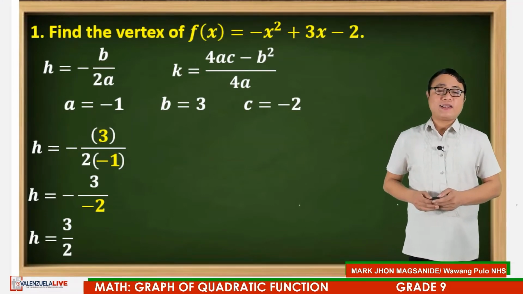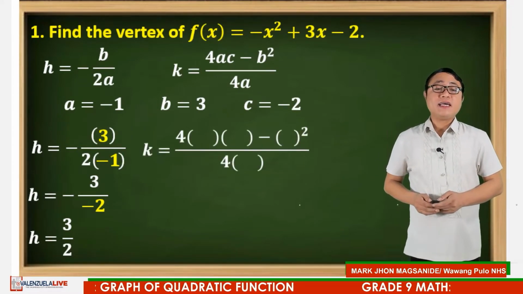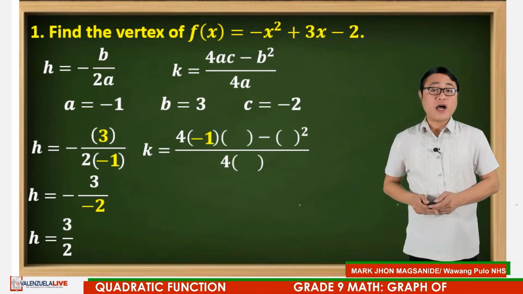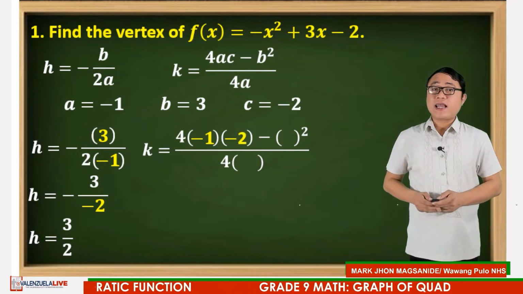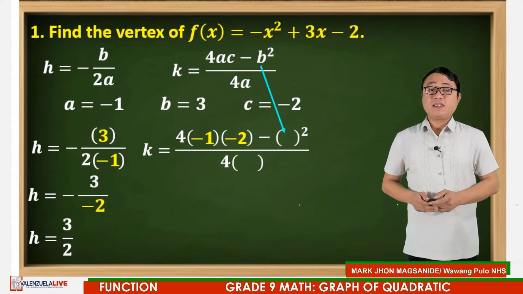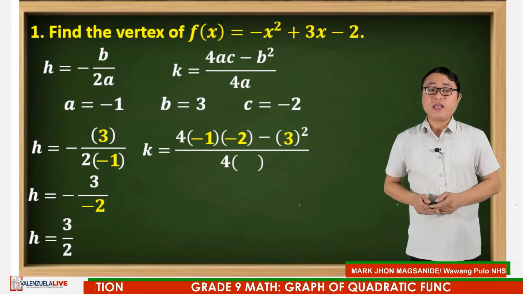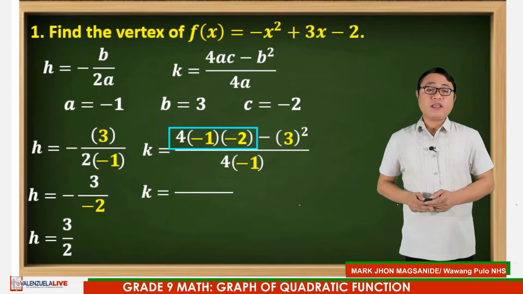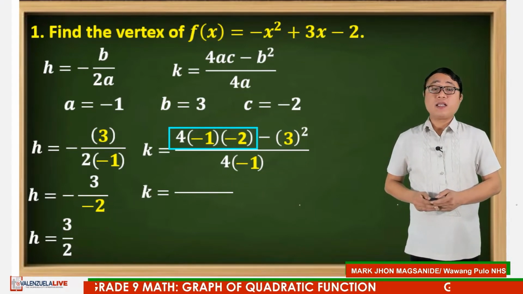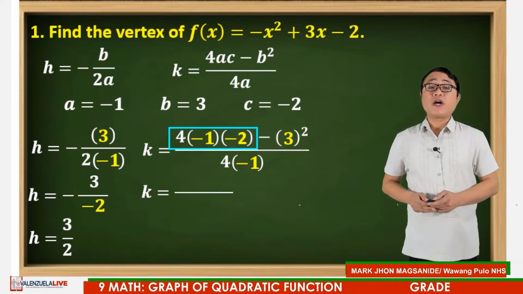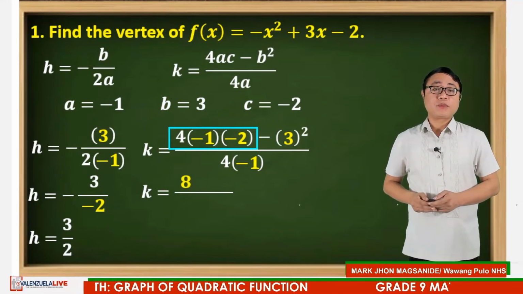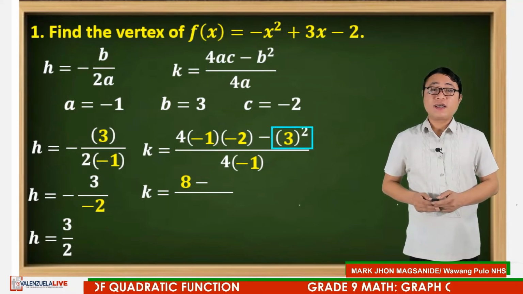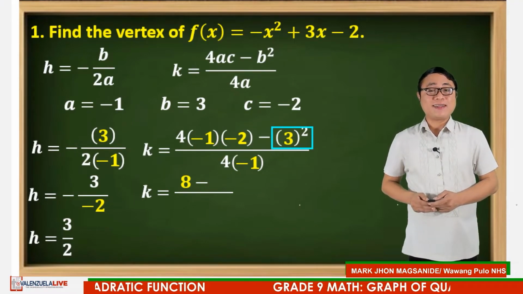On the other hand, solving for k, substitute the needed values. a is negative 1, c is negative 2, b is 3, and for the denominator, a is negative 1. Solving the numerator, 4 times negative 1 times negative 2, the product is 8. Minus, the square of 3 is, yes, 9.